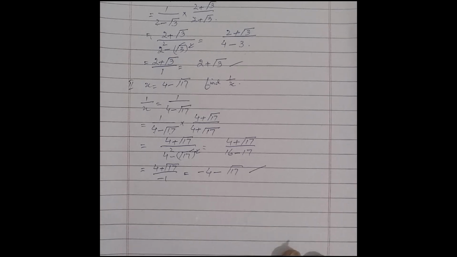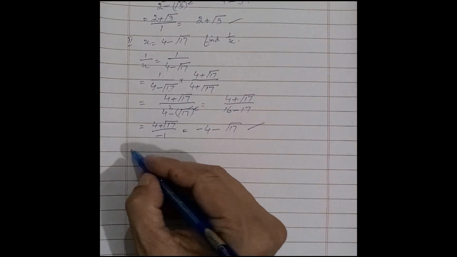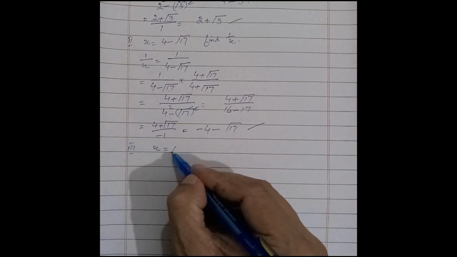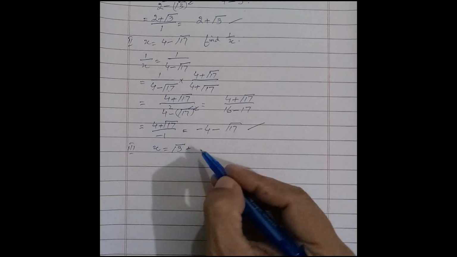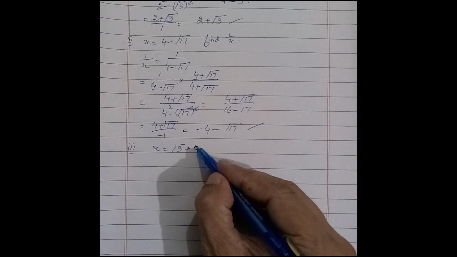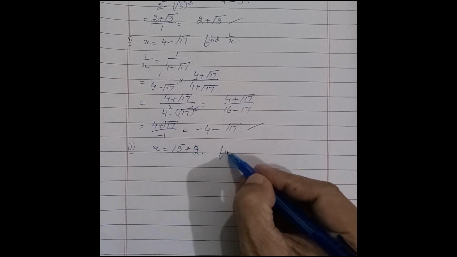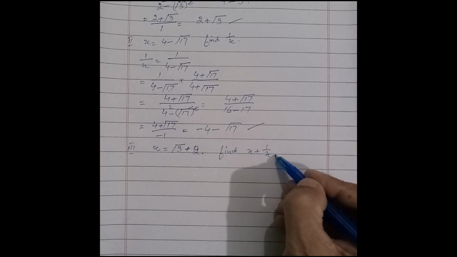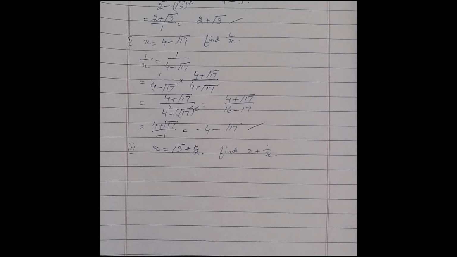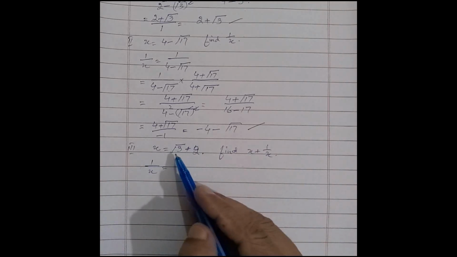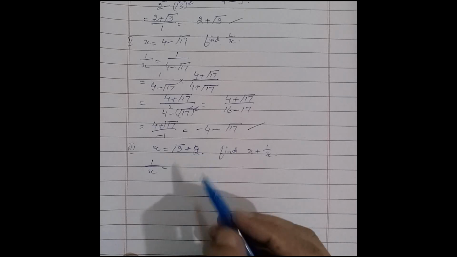And the next is the third part, in which we have x is equal to square root 3 plus 2, and we find x plus 1 over x. So we take the reciprocal of x, which is 1 over x, and take the reciprocal on the right side.